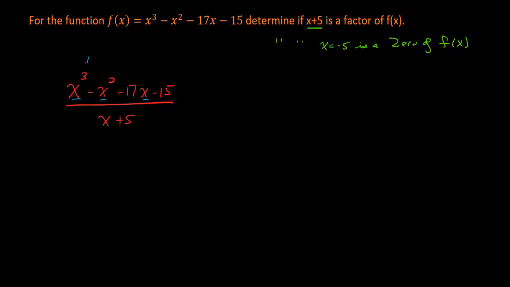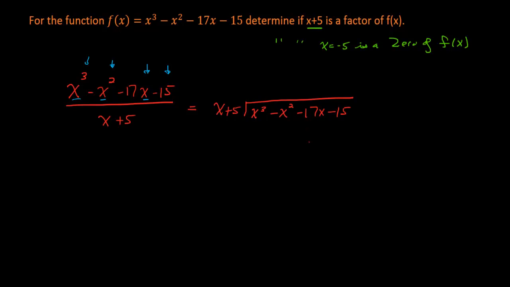Notice I have a cubed term, a squared term, an x term, and a constant. So I'm pretty safe there, and I don't have to add any terms with 0 coefficients. Now I'm going to write this out in a long division format, with x plus 5 divided into x cubed minus x squared minus 17x minus 15.